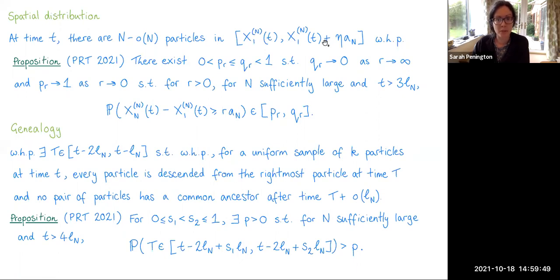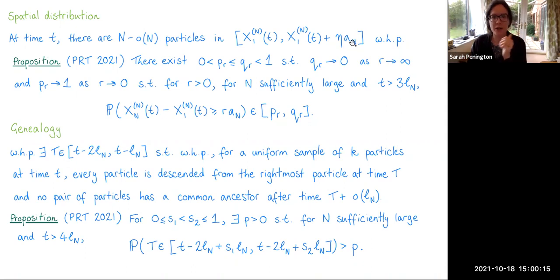So I said that it seemed plausible that an was a good space scale for looking at the process on, because you see order of 1 jumps of size order an during a time of order ln. But it turns out that it really is the right space scale, in the sense that the diameter of the cloud of particles is of order an.